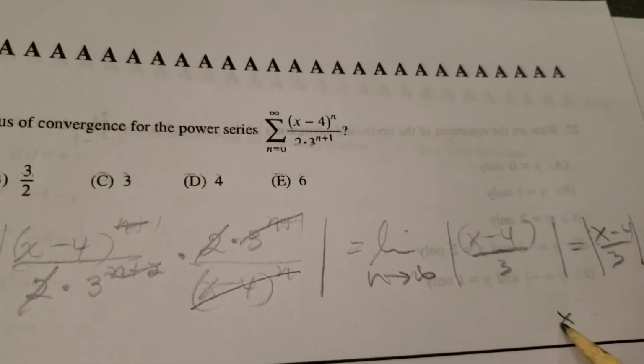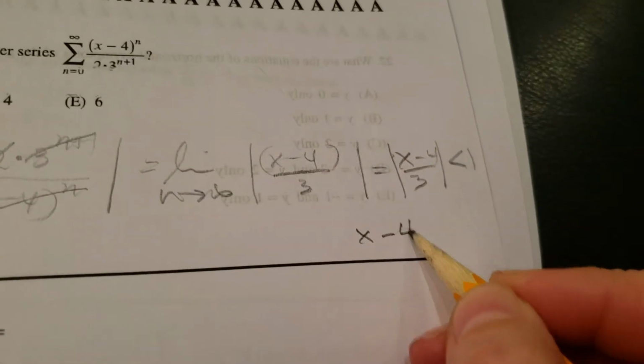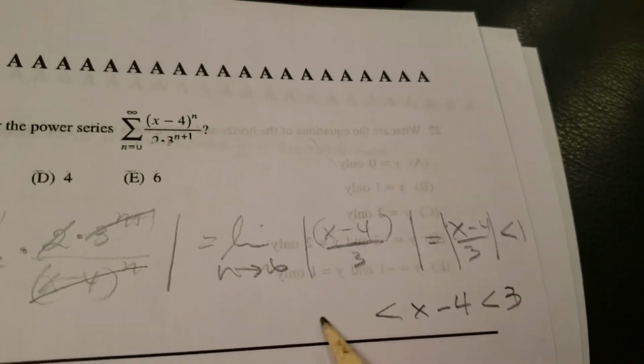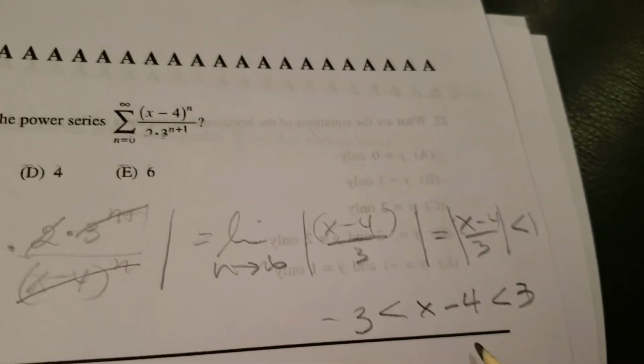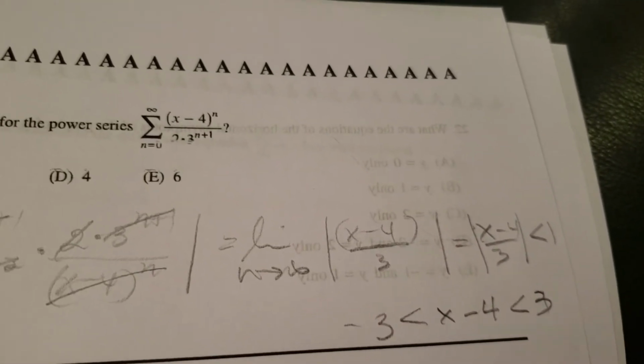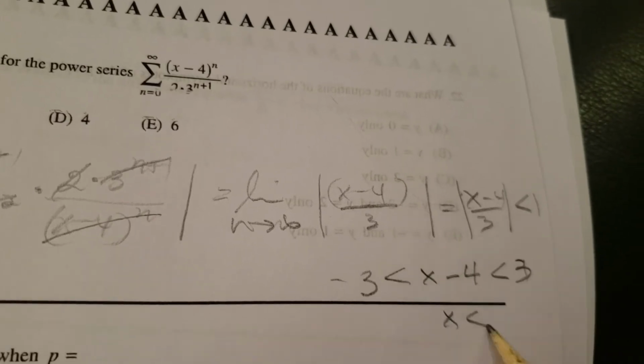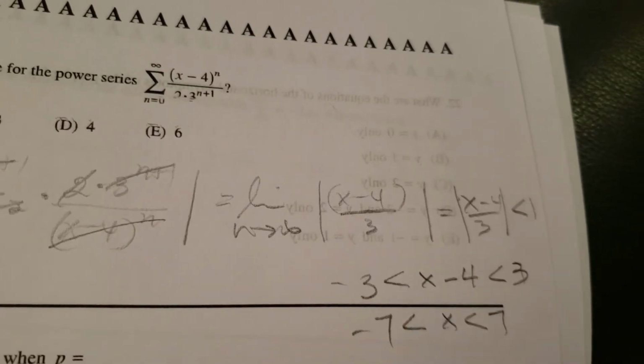So if you solve for x, x minus 4 has to be between, multiply by 3, negative 3 and 3. And so your radius of convergence is 3. If you add 4, it doesn't change the radius of convergence.